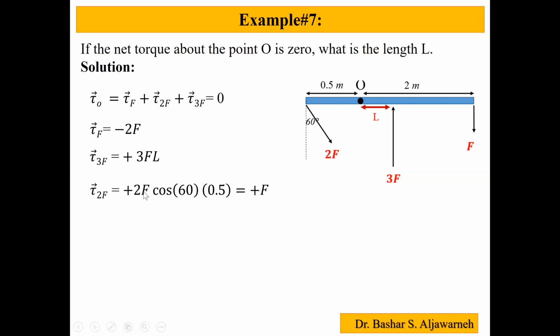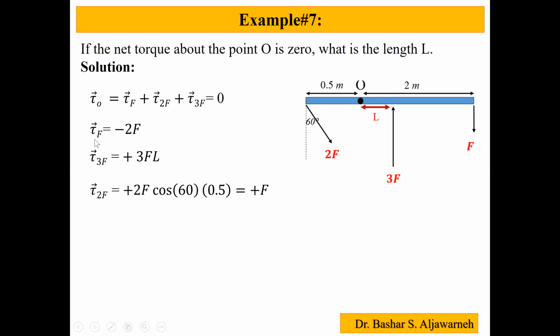So 2F times cosine 60 times the distance, which is 0.5, this will give you plus F, and the plus sign is due to positive, counterclockwise rotation.